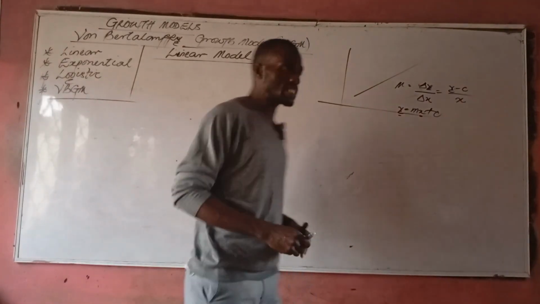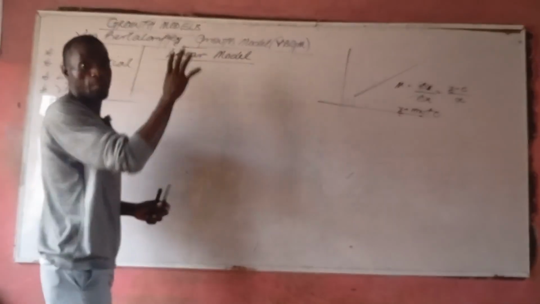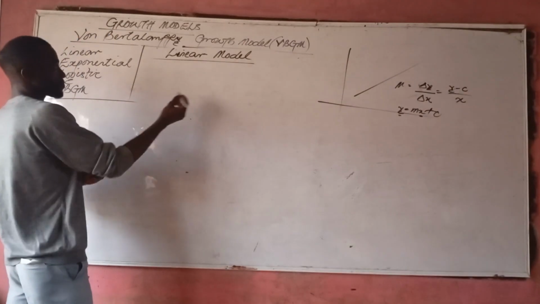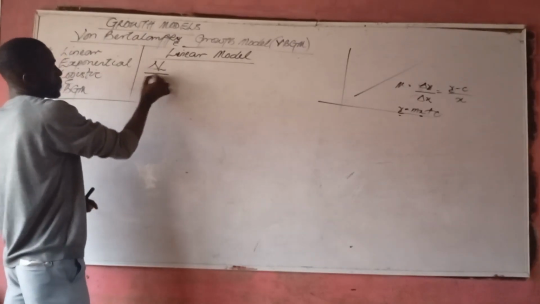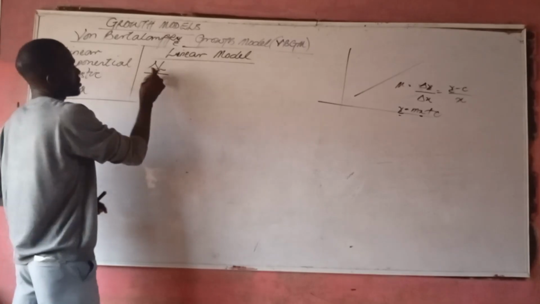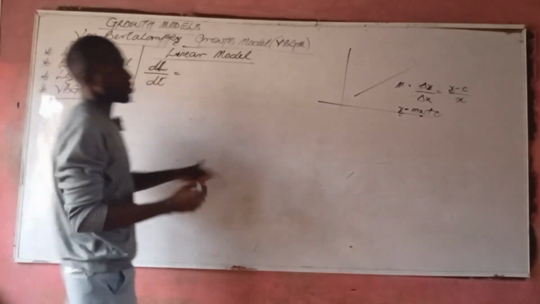So in this case, using length, for example, we want to model linearly by saying that the change in length per unit time, that's dL/dt, which is what we did here.